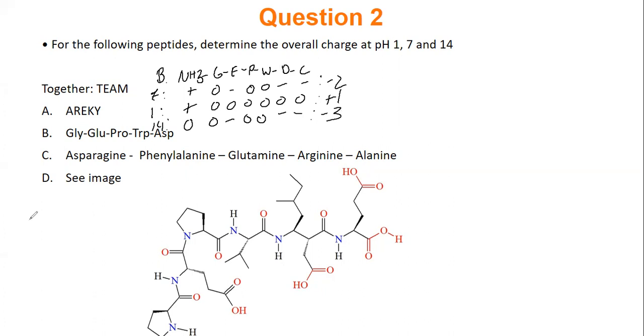And I'm just gonna rattle through the other ones now. If you have questions, feel free to let me know. So C, we have the N-terminus. Then we have asparagine, so N. And phenylalanine is F. Glutamic acid is the cutest, so Q, or glutamine rather.